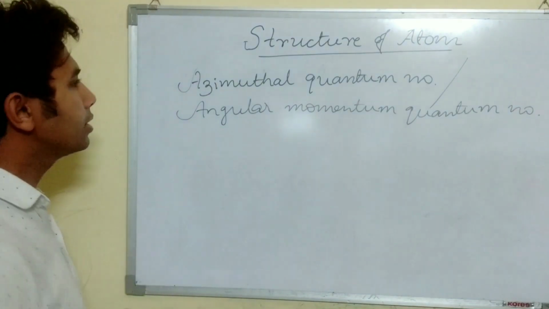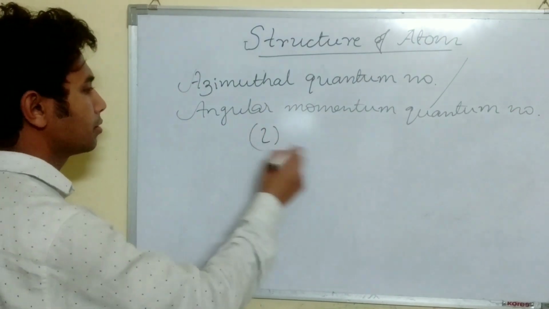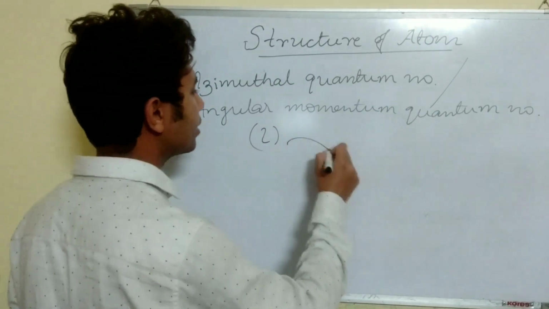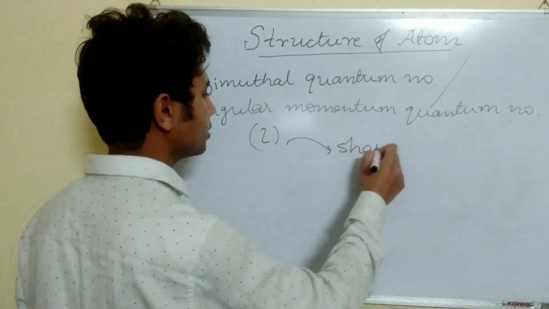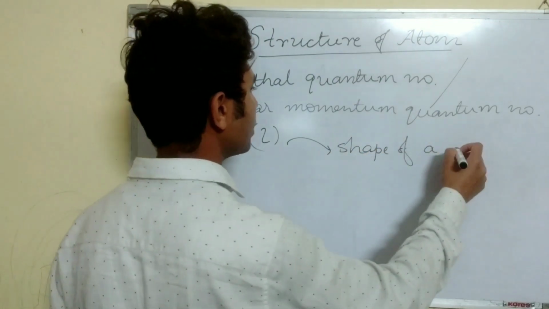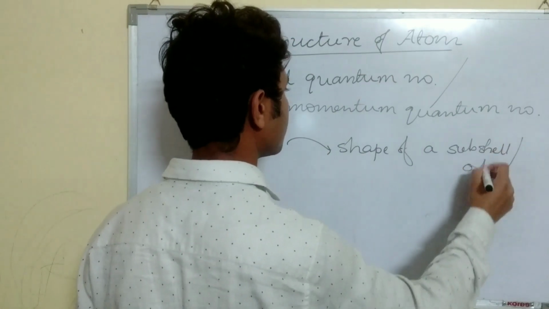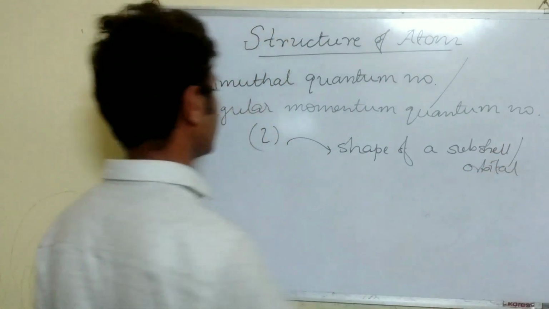This actually represents the shape of an orbital, the shape of a subshell or orbital.